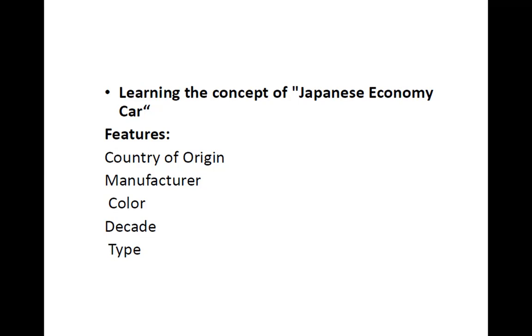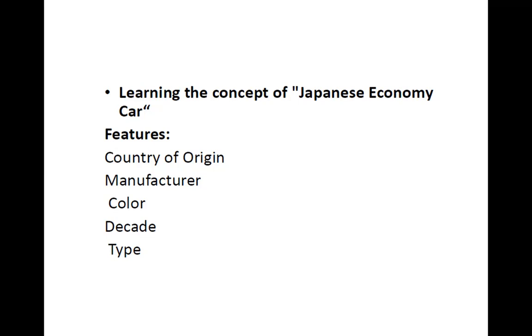After the Hiroshima and Nagasaki attack, they became very particular about this. Now in India we say the made in India concept, but in Japan from 1960 itself they have been nourishing their own companies. So country of origin is one of the important features when people buy automobiles in Japan.